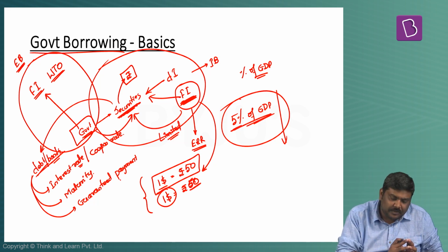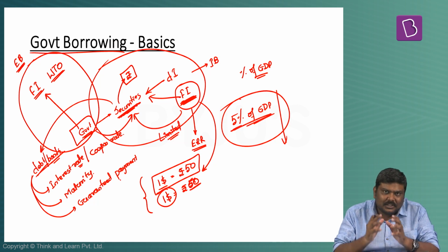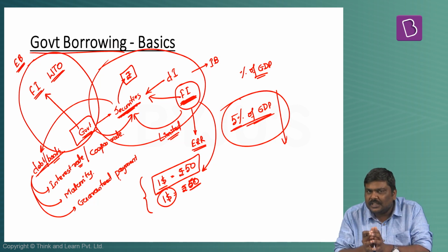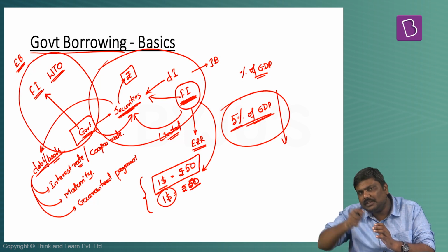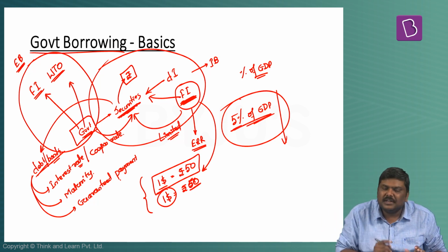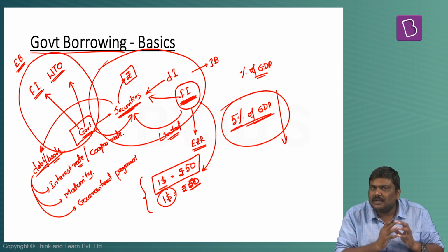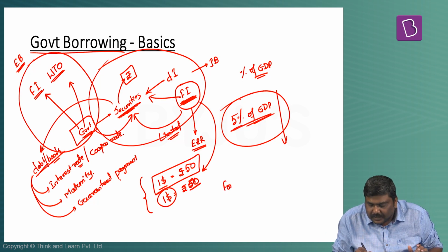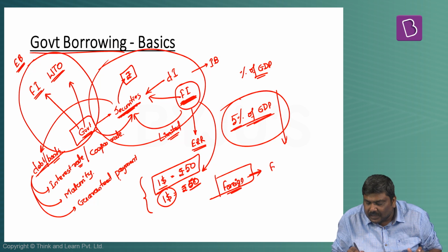Government of India is now saying, just like the securities or the government securities which they are issuing in the rupee form in the domestic market, they will start issuing the government securities or the bonds in the foreign market also. But more importantly, these particular bonds will be denominated in foreign currency.